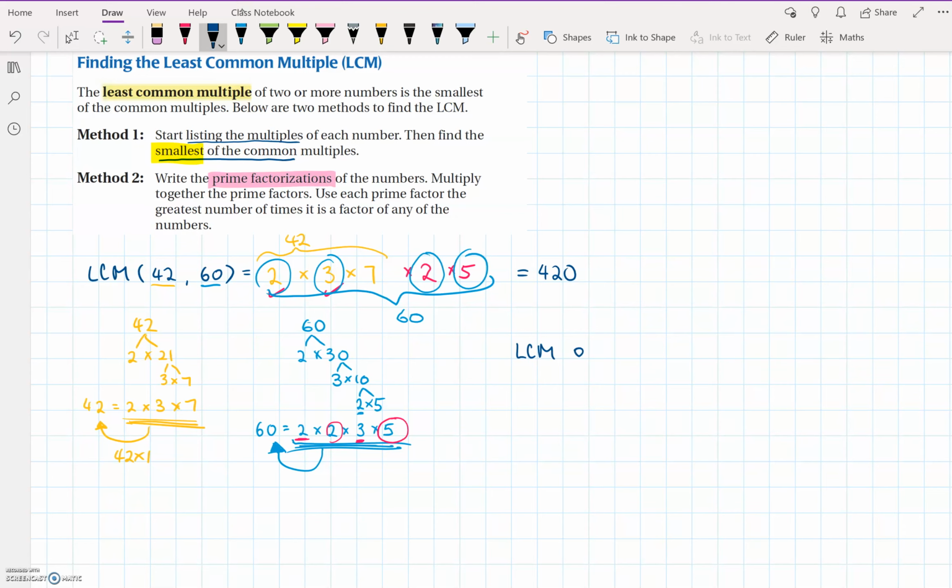The LCM of 42 and 60 is 420. I am also okay with you writing your final answer nice and cleanly, just as LCM(42, 60) = 420. And there you go. We're all done.